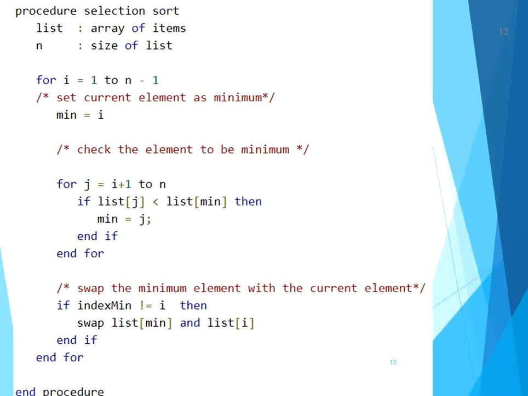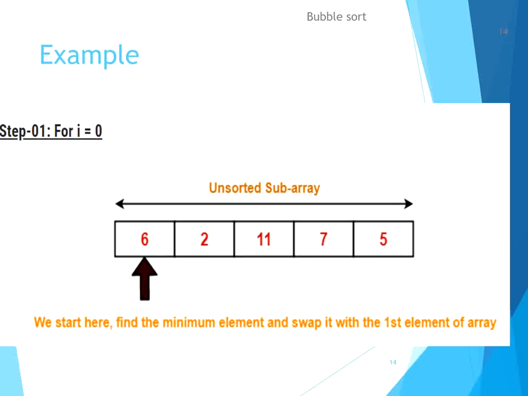Other than i, all the elements are j. If list of j is less than list of min, like if j is less than the first element which we called min, then we will just swap it. So now we see how this algorithm works.